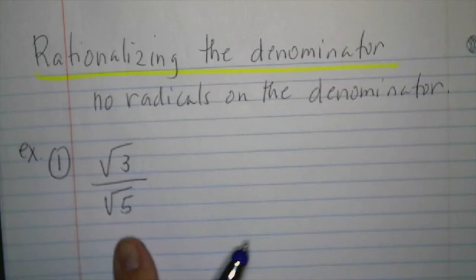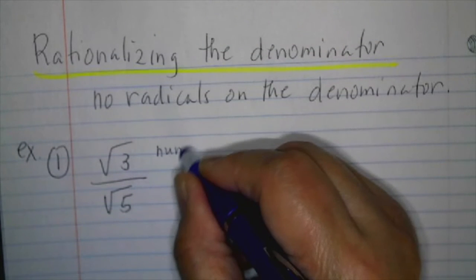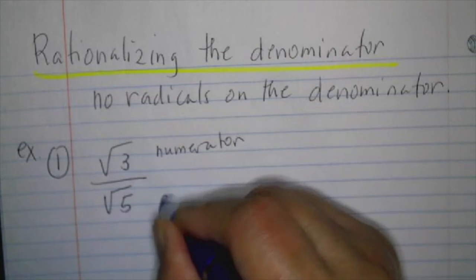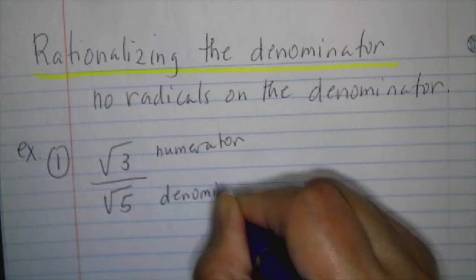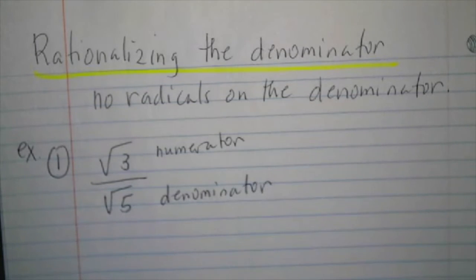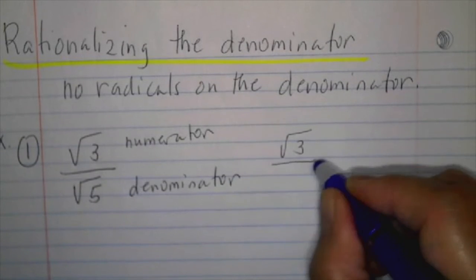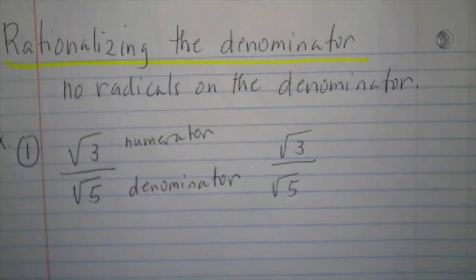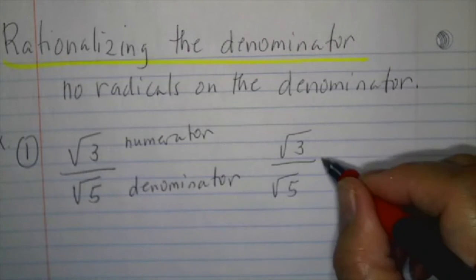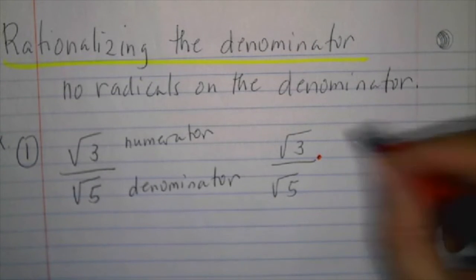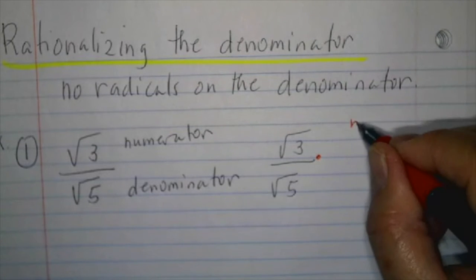Alright, example 1. Square root of 3 over square root of 5. Square root of 5 is on the denominator. This is your numerator. This is your denominator. And you have the fractional bar. So in order for us to simplify this, let me rewrite it again. Square root of 3 over square root of 5. Whatever is the denominator, you have to get rid of that.